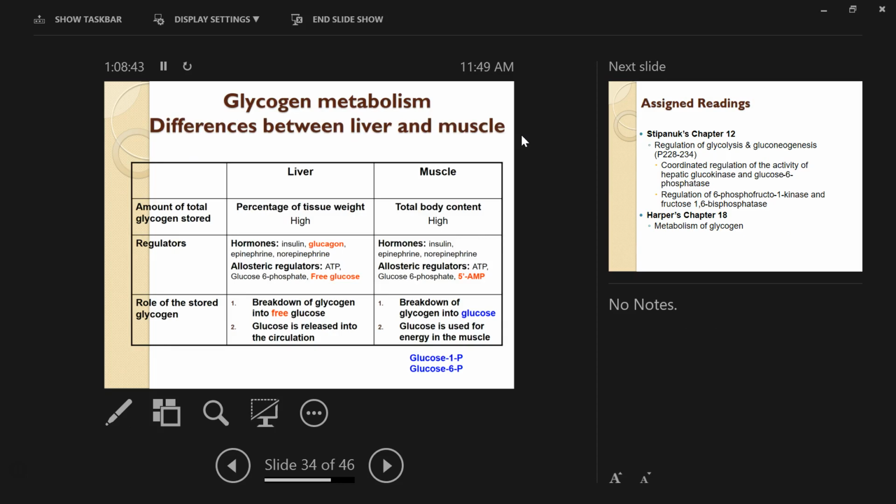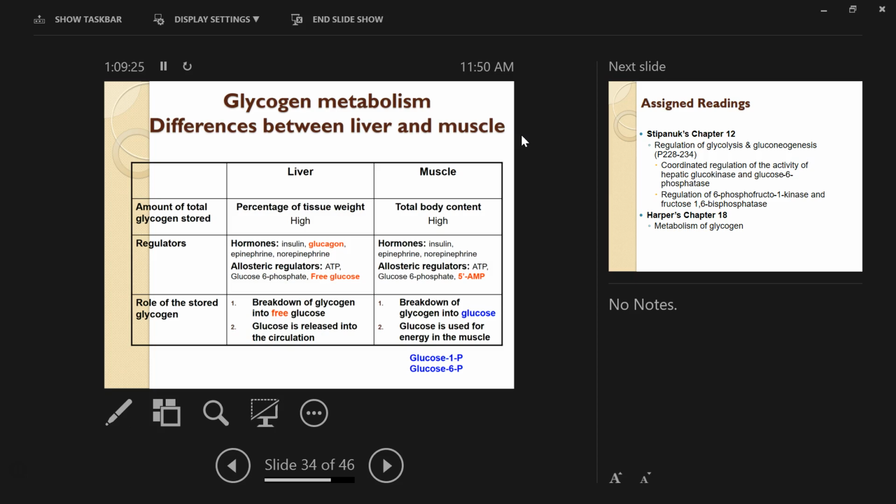It just lists liver and muscle and other regulators that regulate the activities of key enzymes. They are a little bit different, mostly the same, but you can make a comparison. First is the amount of total glycogen store. The percentage of tissue weight is higher in the liver, right?